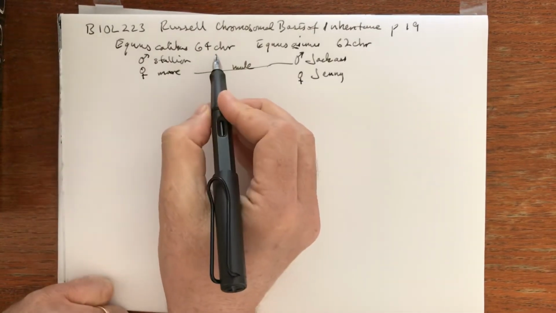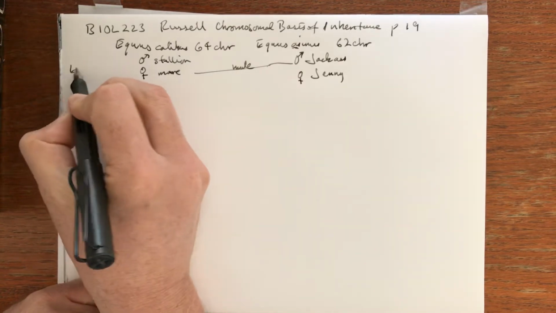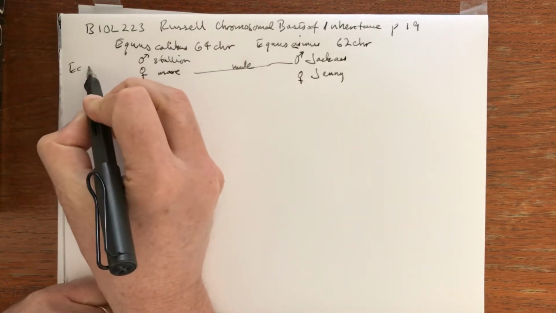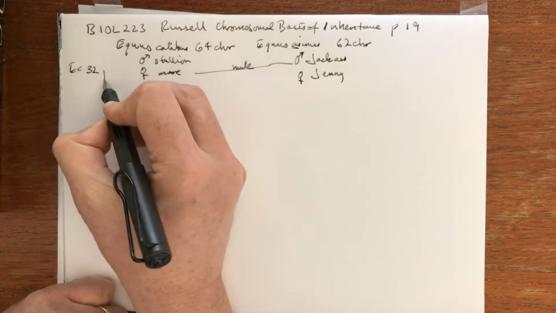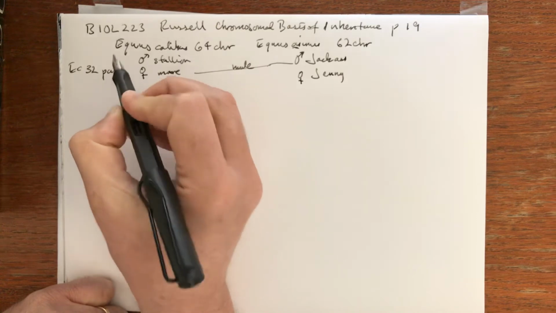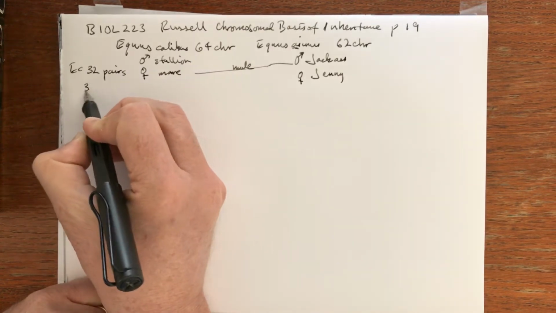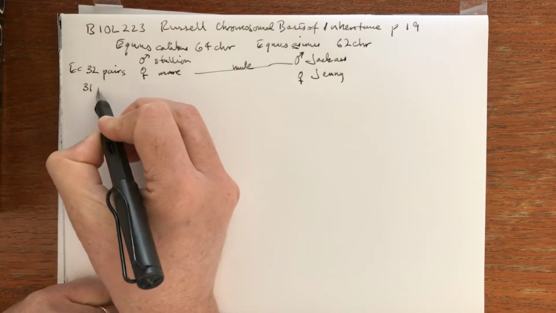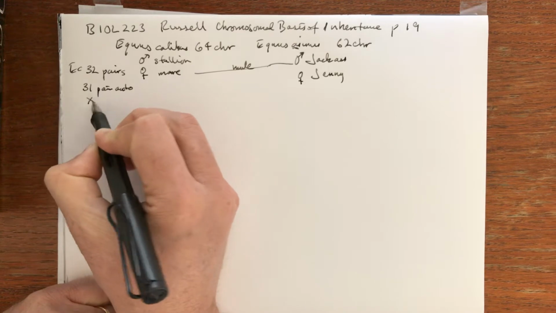So we have 64 chromosomes, so we have 32 pairs in Equus caballus, or if you think of that, we have 31 pairs of autosomes and XY.